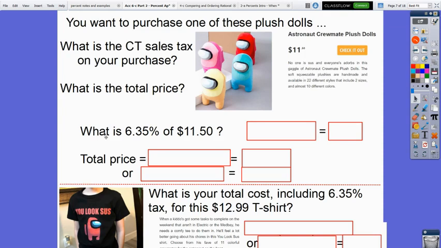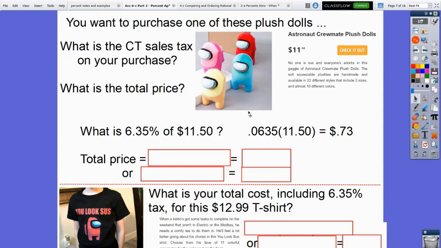So the question is then, what is 6.35% of $11.50? And again, we're going to find percent of a number by converting the percent to a decimal, 0.0635, multiplied by 1150, and you get your answer of 73 cents. Okay, so 73 cents is the sales tax that is added on to the purchase. So you have to pay that.